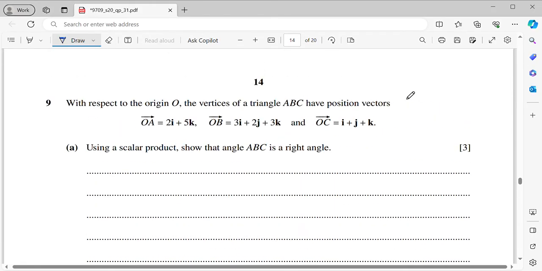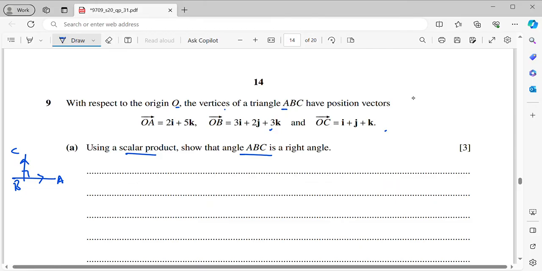Now, for question 9, with respect to all the vertices of triangle ABC having these position vectors, using scalar products show that angle ABC is a right angle. So let's say here is ABC. To show that it is a right angle means that the scalar product equals 0.